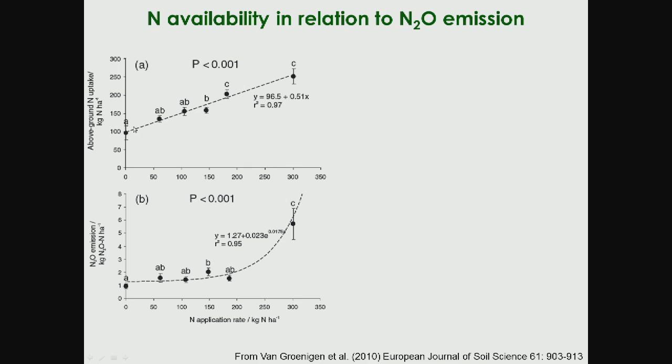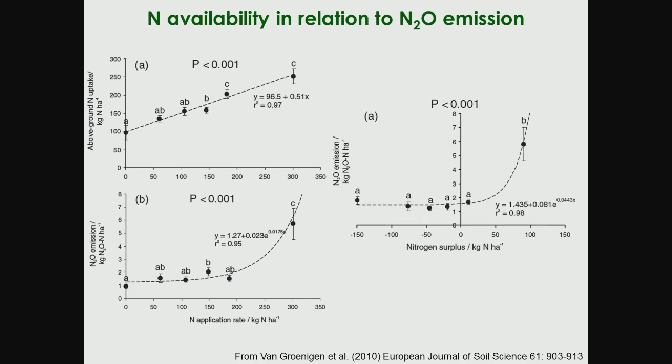We're not getting a one-to-one ratio between nitrogen input and nitrogen uptake. Otherwise, we'd have a line here that's much steeper. What we're finding is that at increasing concentration of nitrogen, less and less nitrogen is being taken up by the plant. So much so that as the nitrogen application concentration increases, the amount of nitrous oxide emission increases as there's more nitrogen available in the soil to fuel these reactions.